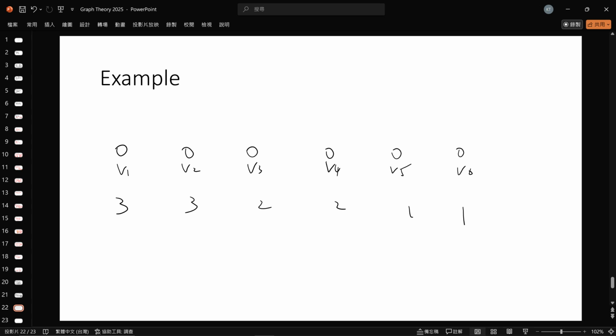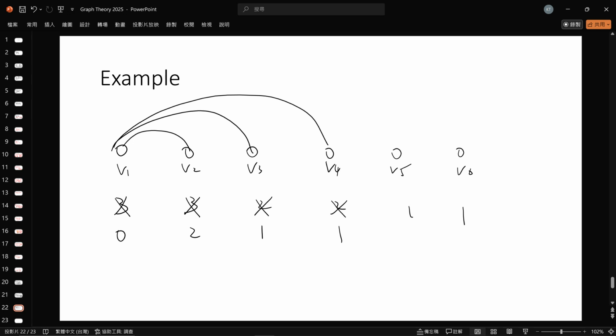And according to our idea, we're going to pick the 3 vertices that have the largest target degrees, which are V2 and V3 and V4. Okay. So now this becomes 0, 2, 1, and 1.